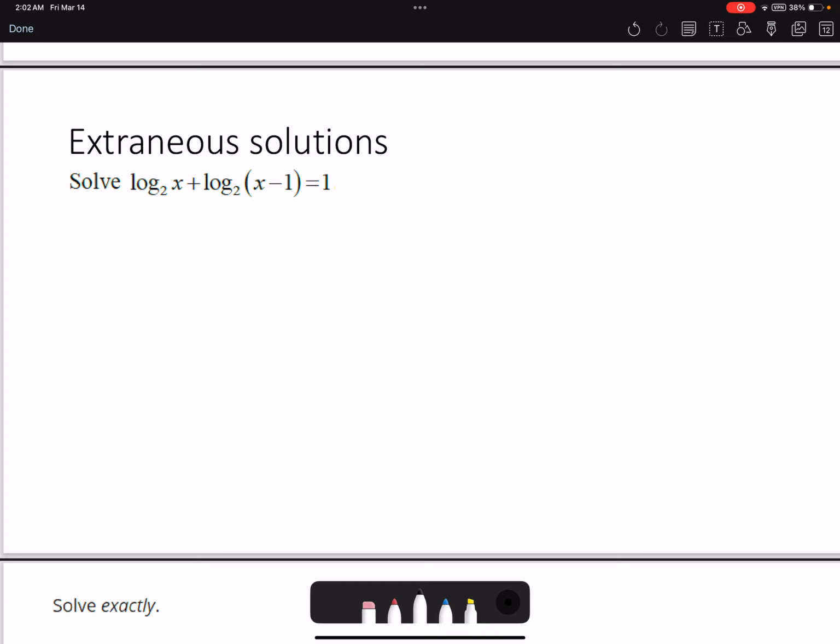You have to check to make sure that it's actually in the domain of a log, because the way that solving logs works, sometimes you can get things that aren't in the domain. So let's solve this first, and then we'll look at the solutions and I'll explain more about how to tell if it's extraneous.